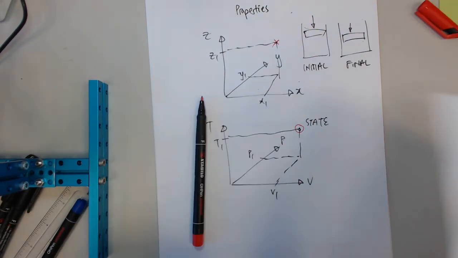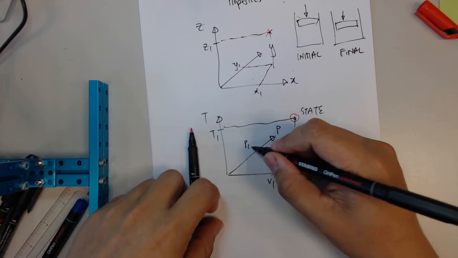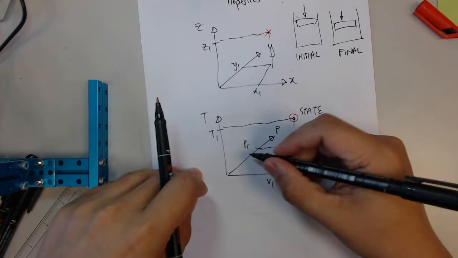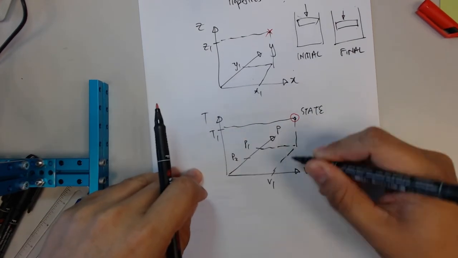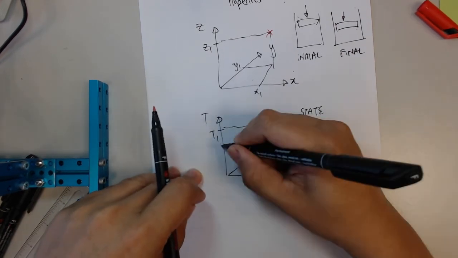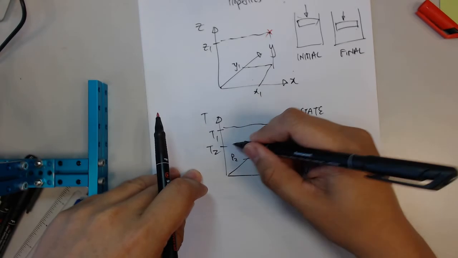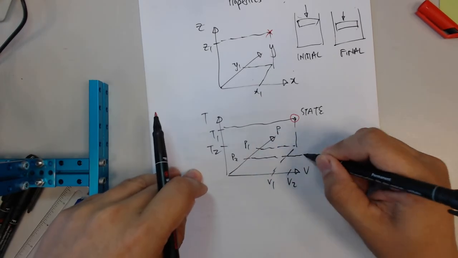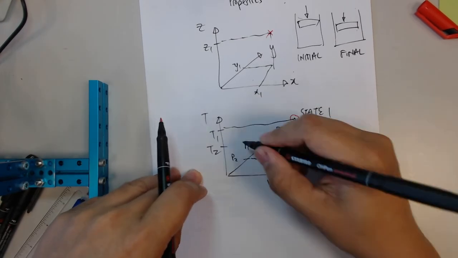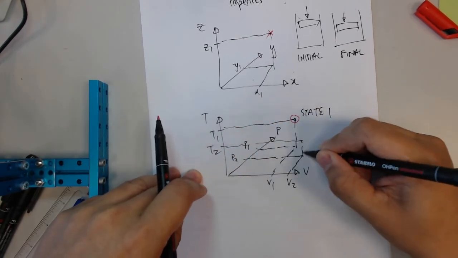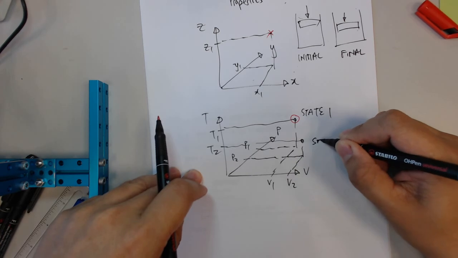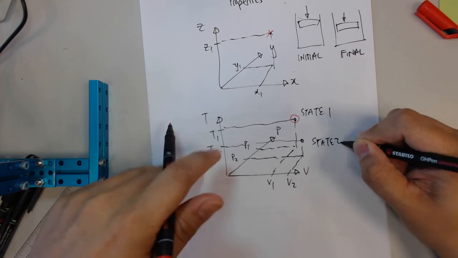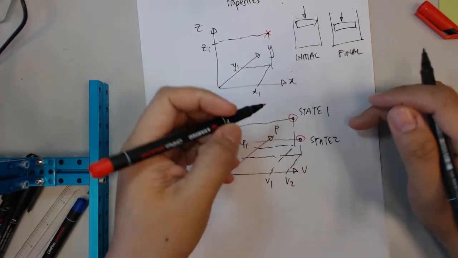Okay, so if 1 is defined as initial or inlet, and 2 is defined as final or outlet, you are going to have an inlet state and an outlet state, an initial state and a final state, right?